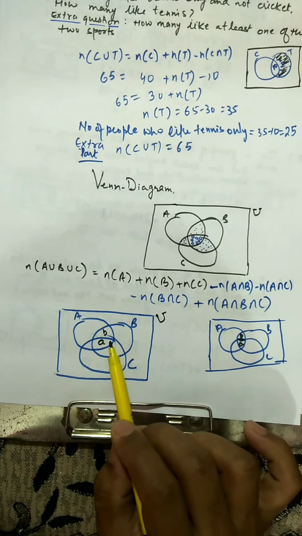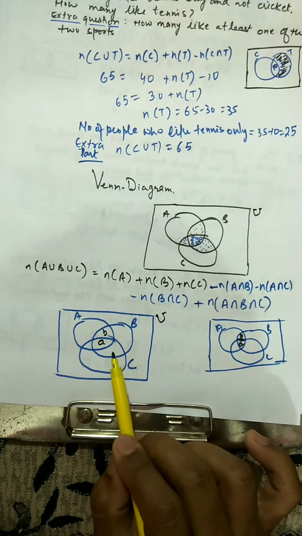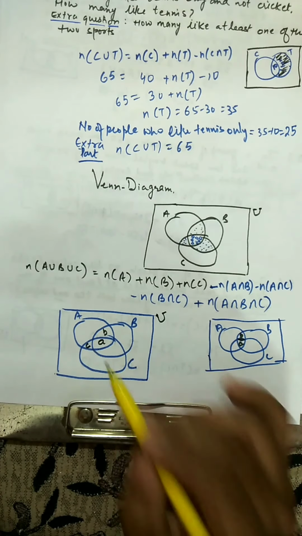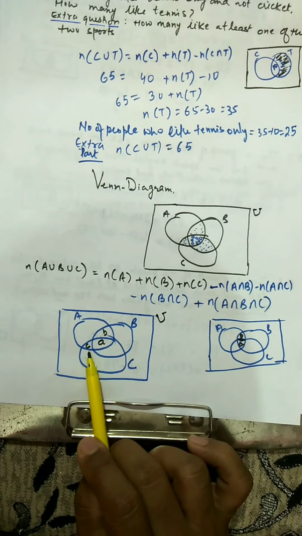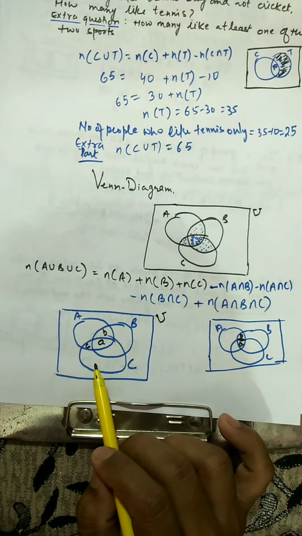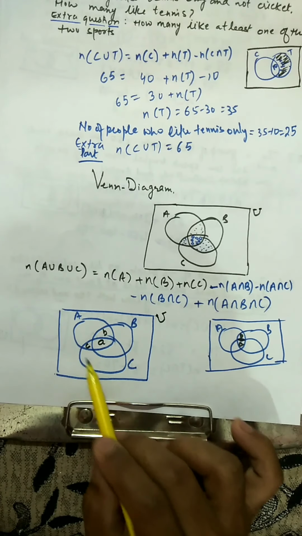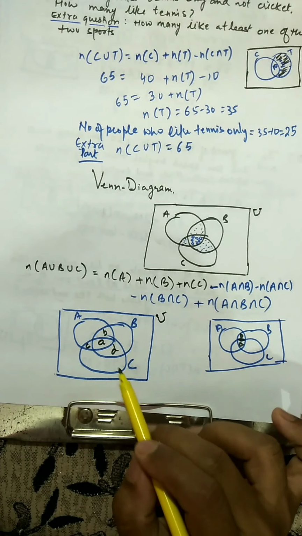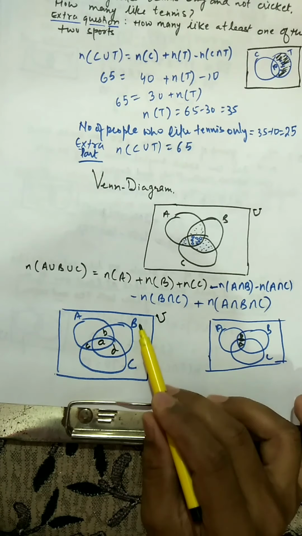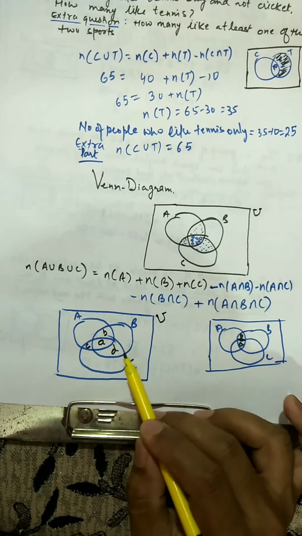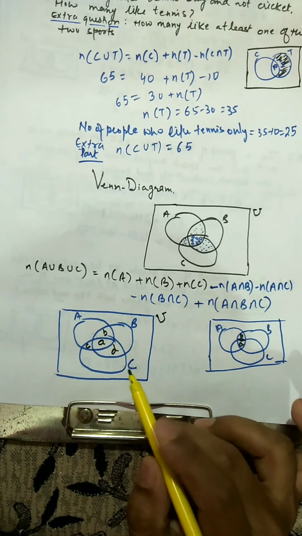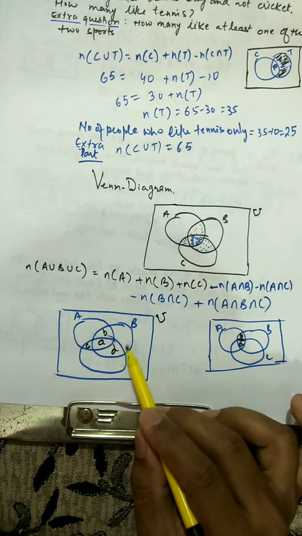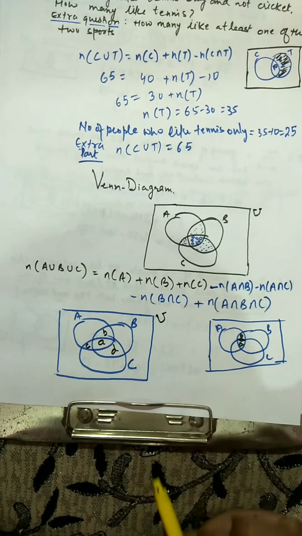Let's say this is small c. This is the area representing the common area of only A and C. This is d, the area representing B and C's intersection only. Means in this d you will find only elements which are related to B and C.